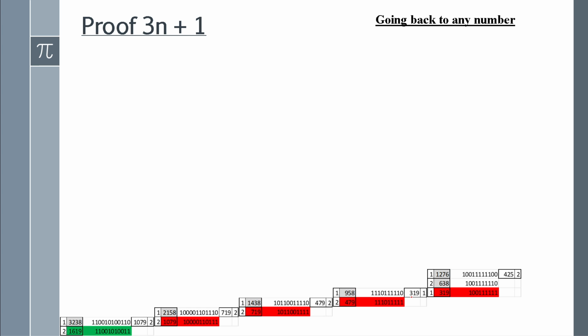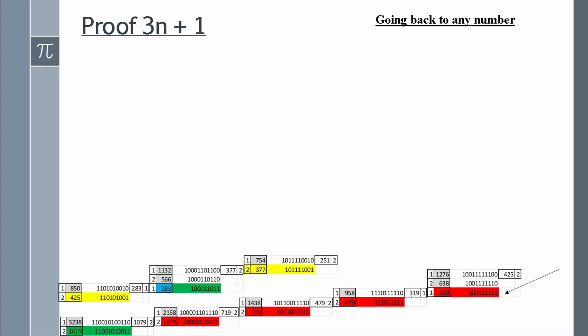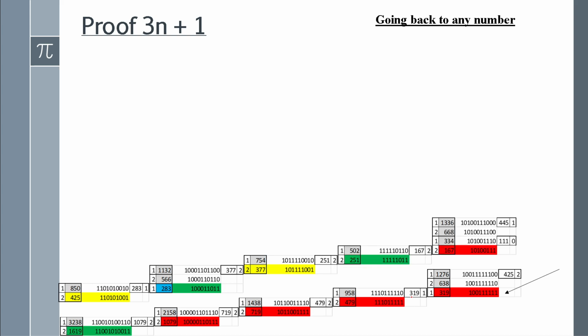And then we hit 319, which is a 1 that ended, so we went back to a 1 mod 8 number. And so then we went to a 3 mod 8, but back to a 1 mod 8. 3 mod 8, 7 mod 8, and then we went to a 5 mod 8.